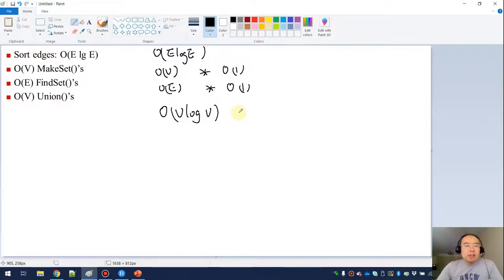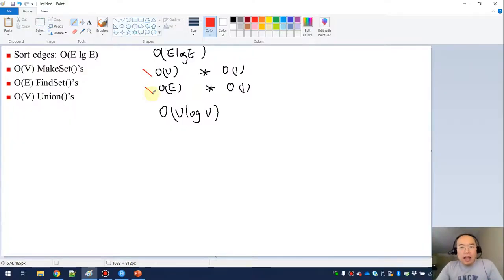If we add them together and pick the most significant part, which one should we pick? We definitely don't want to pick the O(V) and O(E) terms. The next question is O(E log E) versus O(V log V). Which one is higher?